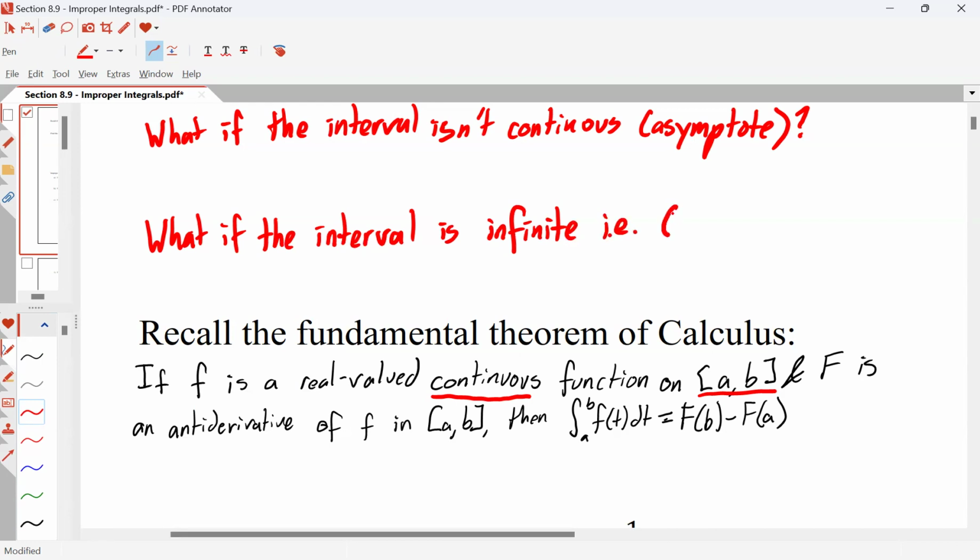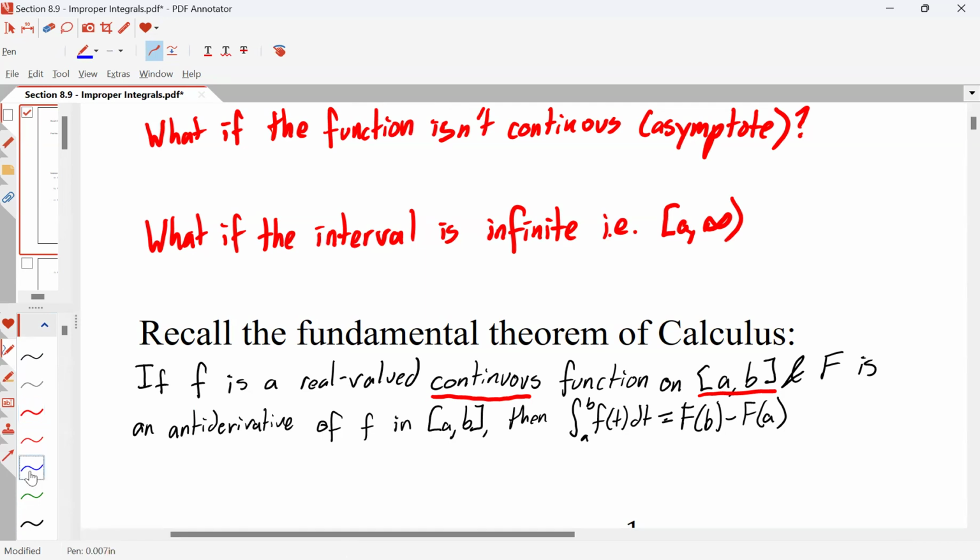Say we have from some value a until infinity. Can we still evaluate these integrals if the function isn't continuous on the interval? And what if that interval is infinite?